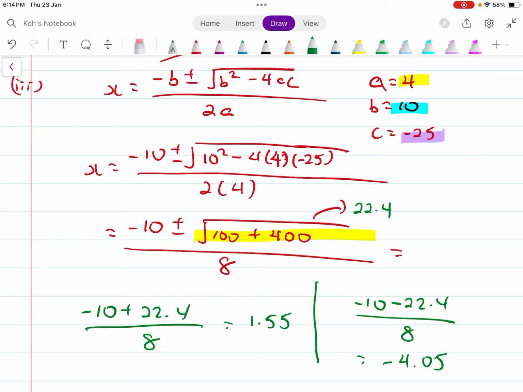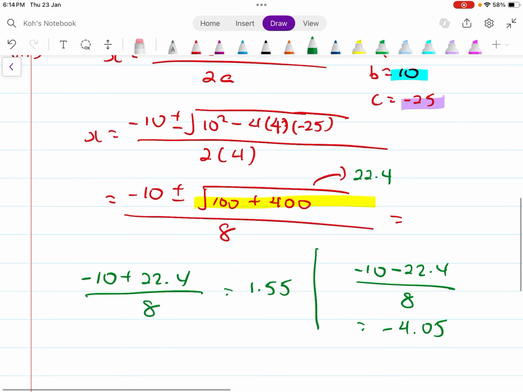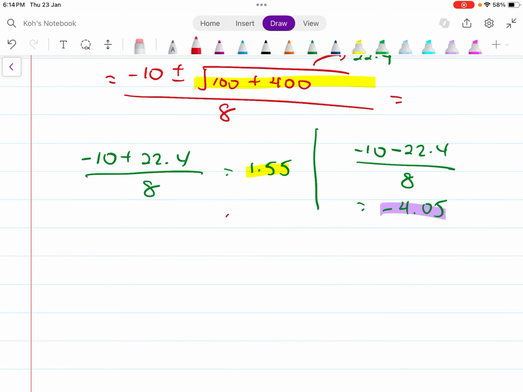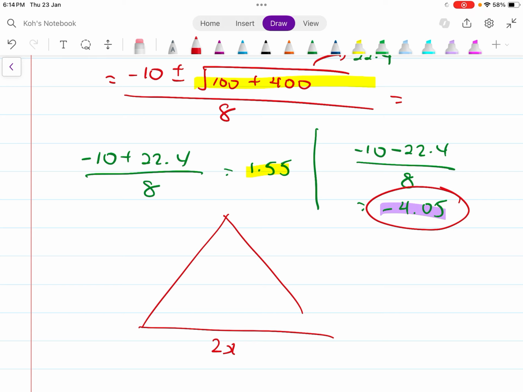Okay, so for part IV, explain why one of the solutions, either 1.55 or negative 4.05, must be rejected as the length of BC. Look at the length of BC: it is 2x. If I substitute x equal to 1.55 or x equal to negative 4.05, with the latter you get a negative length, which is not allowed.